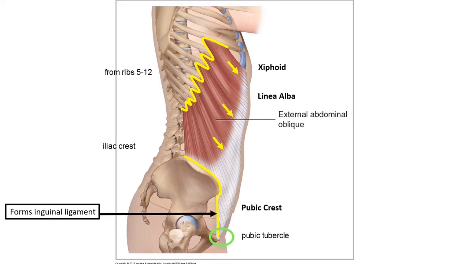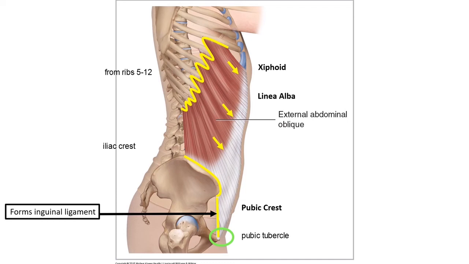And this muscle goes laterally and then reaches the midline and forms the white structure you see. This is a flat tendon which is called an aponeurosis, and it is inserted in the midline of the anterior abdominal wall.